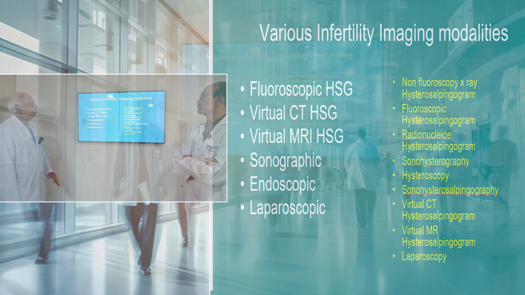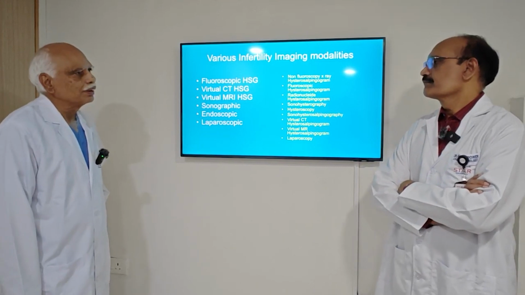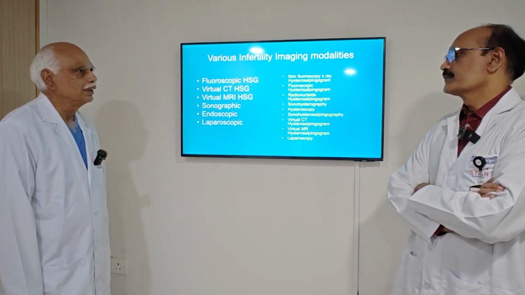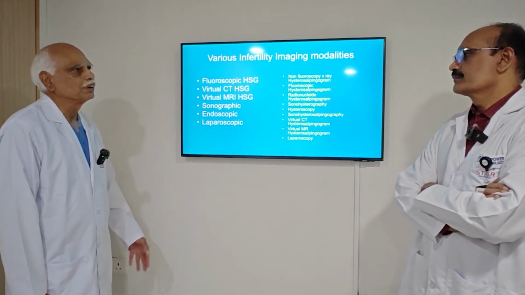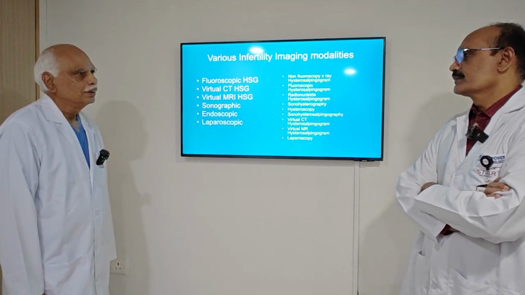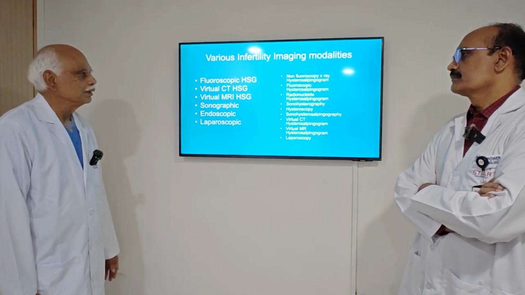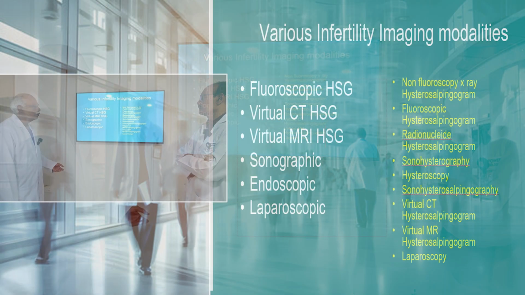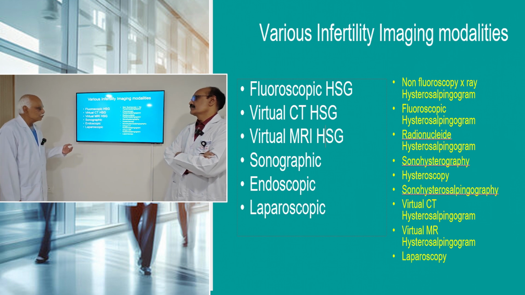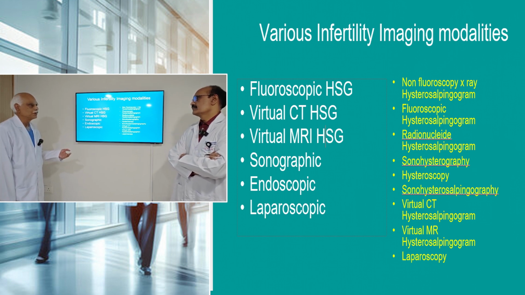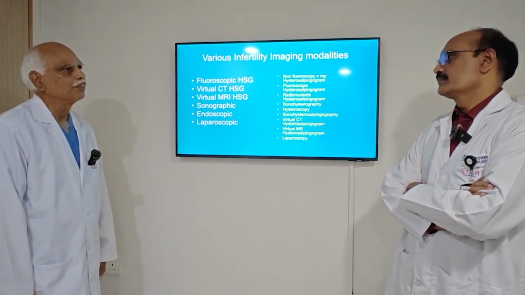Non-fluoroscopic X-ray hysterosalpingogram is ideally not recommended, but unfortunately most HSGs are done under only an X-ray machine. There is also a radionuclide hysterosalpingogram. So there are many procedures that assess infertility.